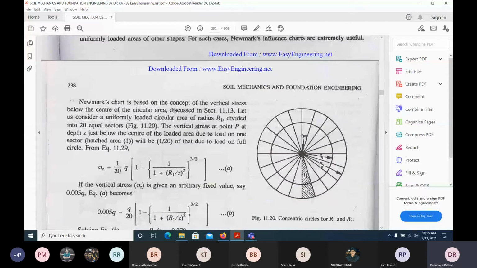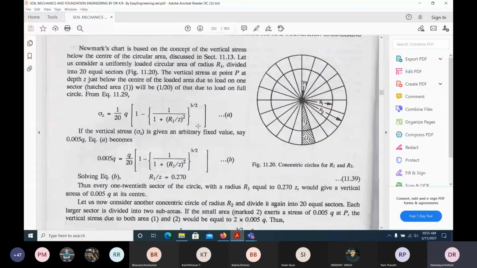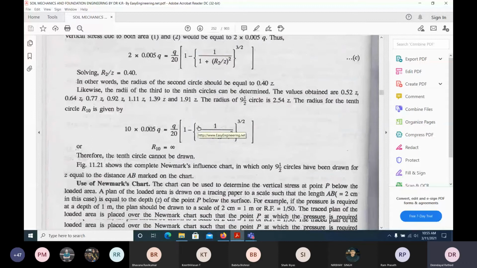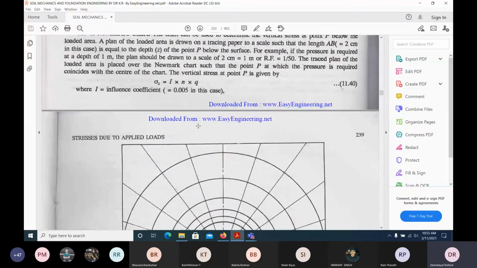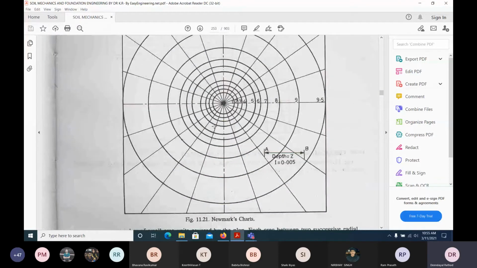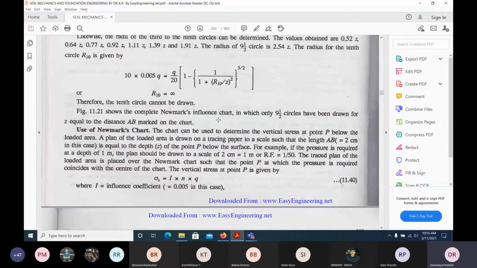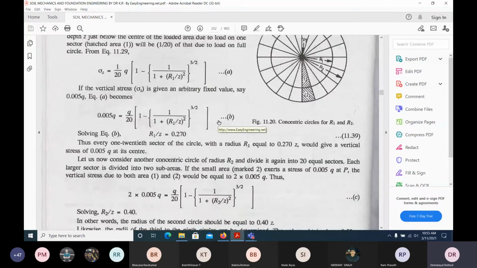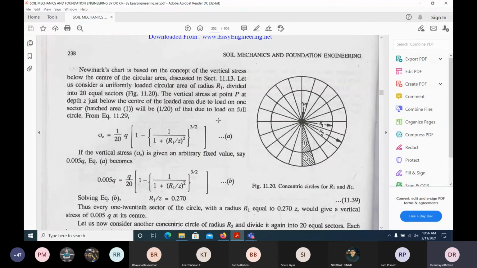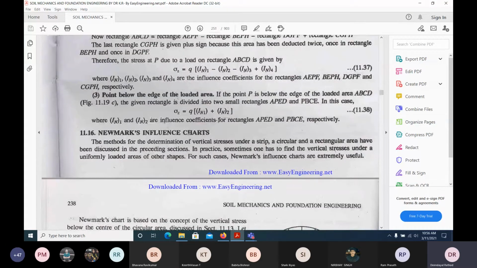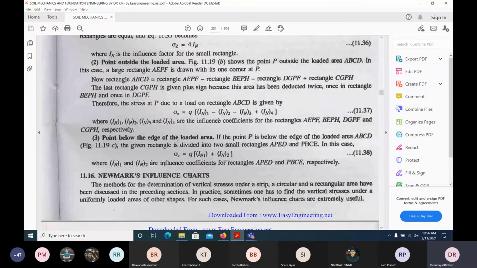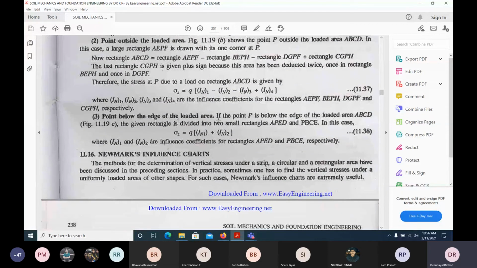Okay, so likewise an influence chart has also been prepared. Actually this Newmark's chart is also very important. So this particular wheel type of figure you are seeing here, what generally we do is we can find out the vertical stresses for any irregular shapes.